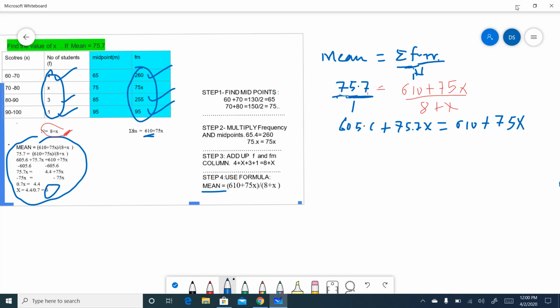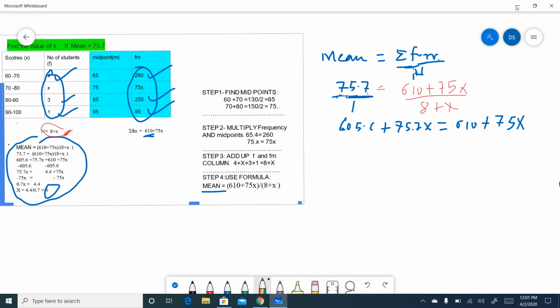Okay, so right now we have an equation, and we are going to solve for x. The first step is that we can cancel out x or any number.